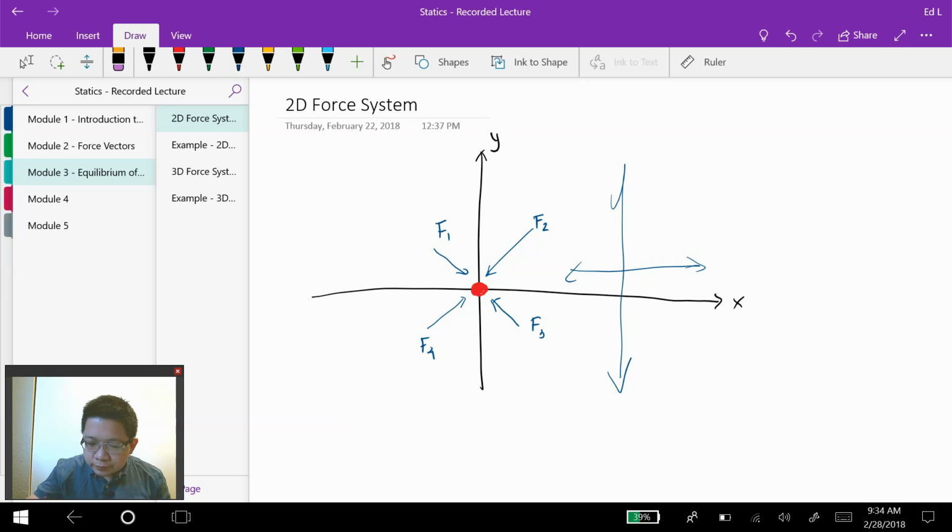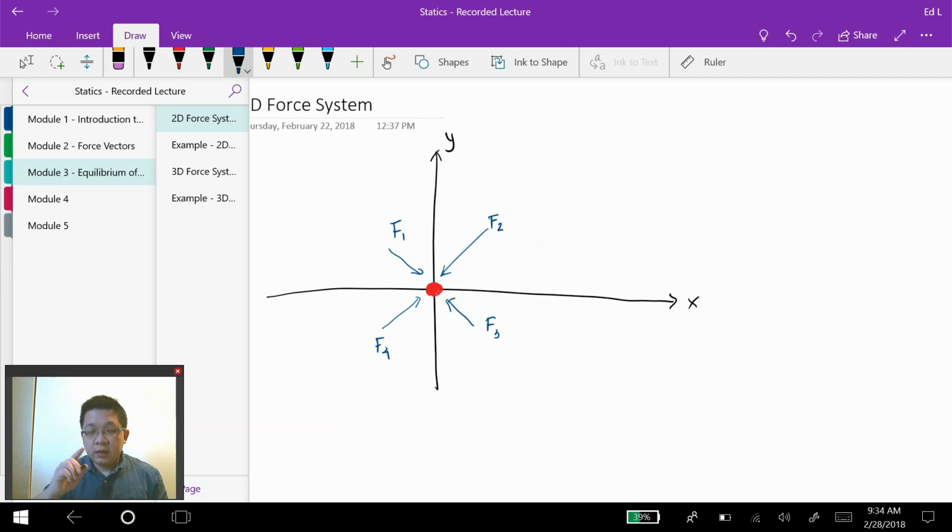And such that the equilibrium that we set up here has to restrict those motions in the x and y directions. And we have learned in module 2 that Fr, which is the resultant of all of the forces acting on the particle, is equal to Frx i plus Fry j.